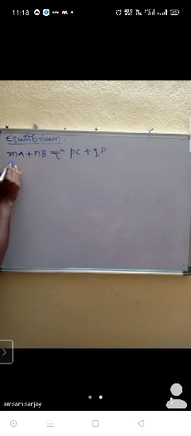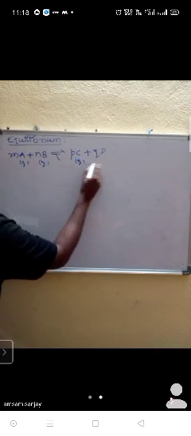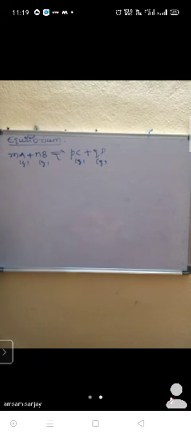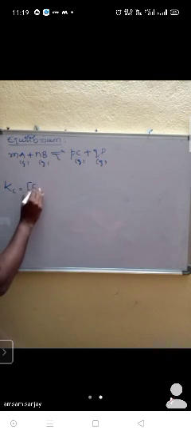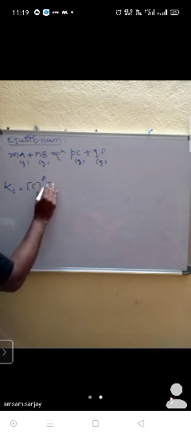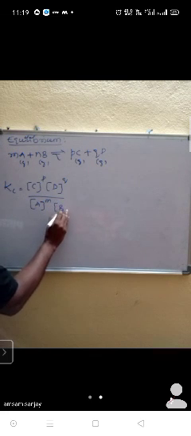Ma plus nB gives rise to pC plus qD. For understanding, these are all gases only. Now, for this, how to write Kc? Kc is equal to concentration of C to the power of p, concentration of D to the power of q, divided by concentration of A to the power of m, concentration of B to the power of n.